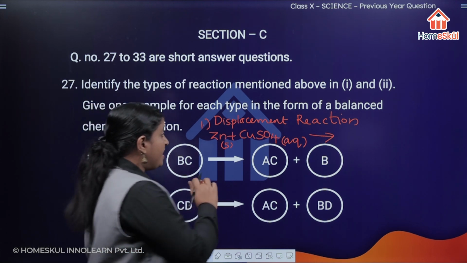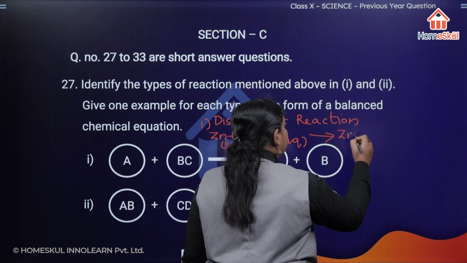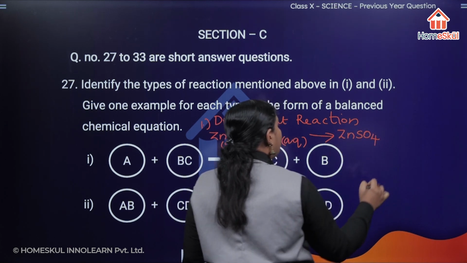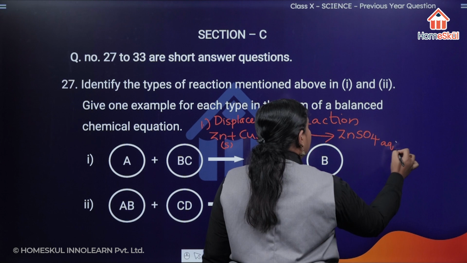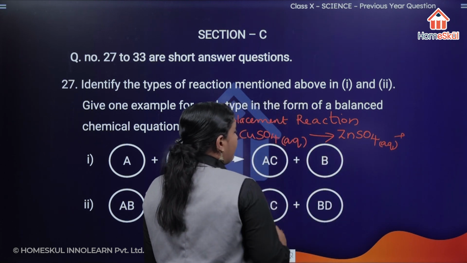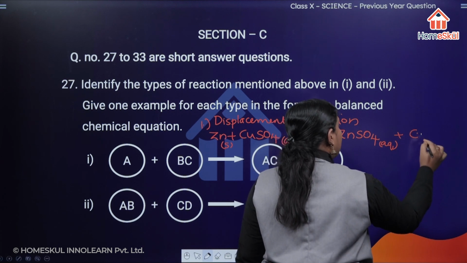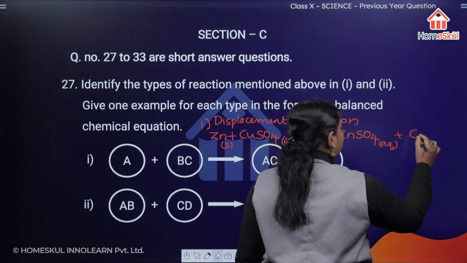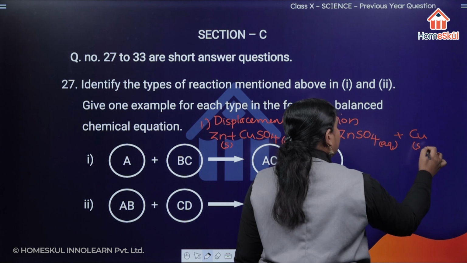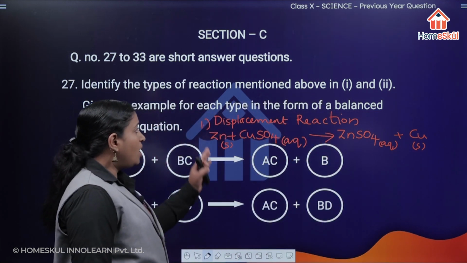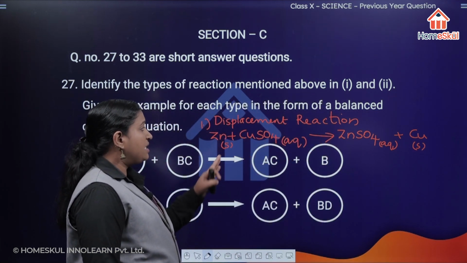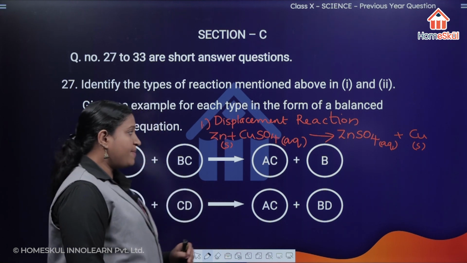As a result, you will get zinc sulfate, ZnSO4, aqueous, and what will be given out? You will be getting copper separate, right? And Cu. Okay, so this is the example for the first one, that is displacement reaction.